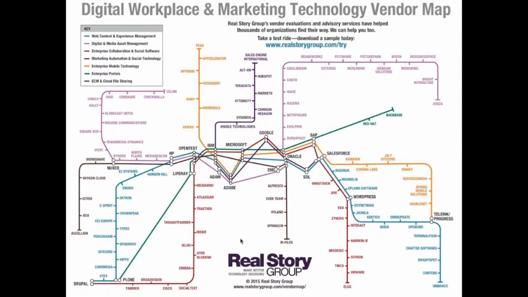And so this gives you a lot of choices about suites versus best of breed, infrastructure vendors like Microsoft, IBM, and Oracle versus more pure play cloud and SaaS vendors and so forth. This is not too dissimilar, say, than if you were looking at digital asset management, web content management, document management. It's a fairly vibrant marketplace.